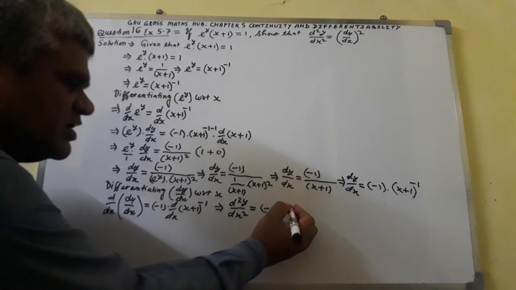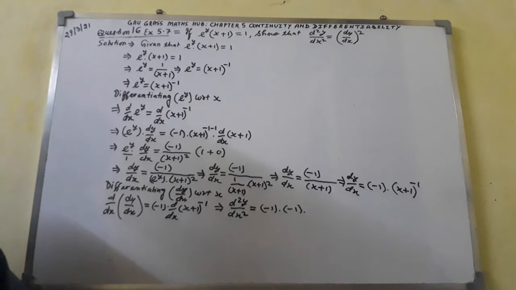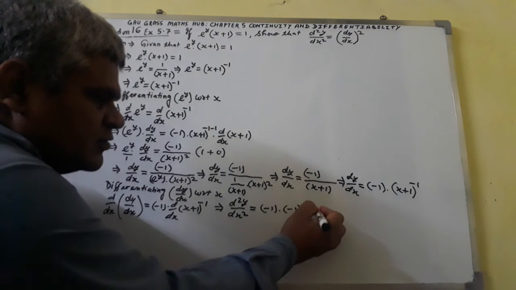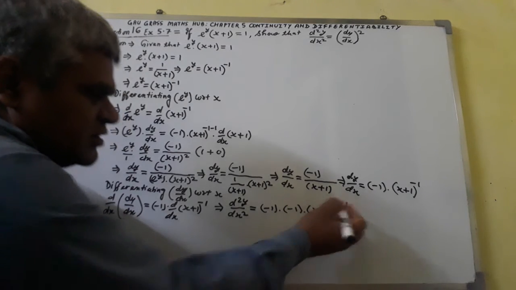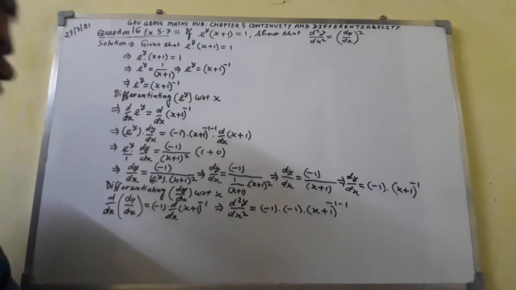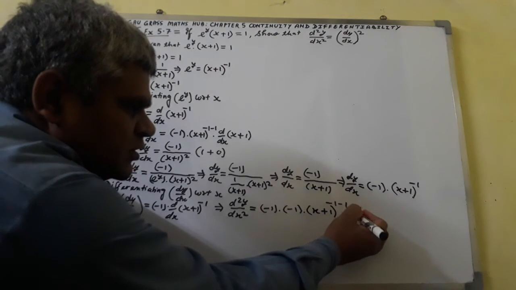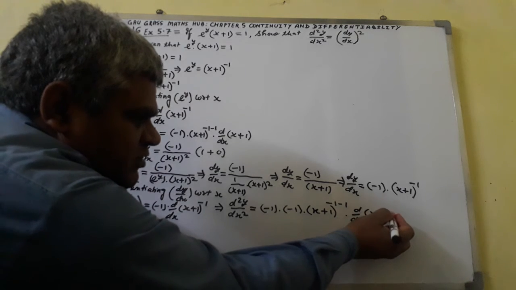I shall write here minus 1 dot x plus 1 raised to the power minus 1 minus 1, dot d over dx of x plus 1.